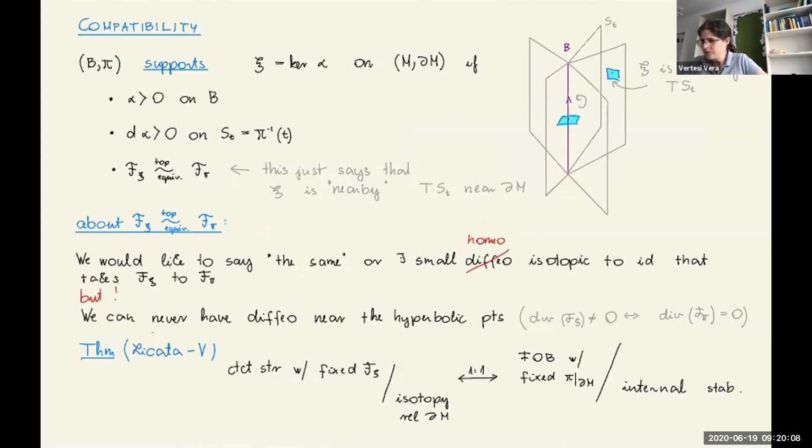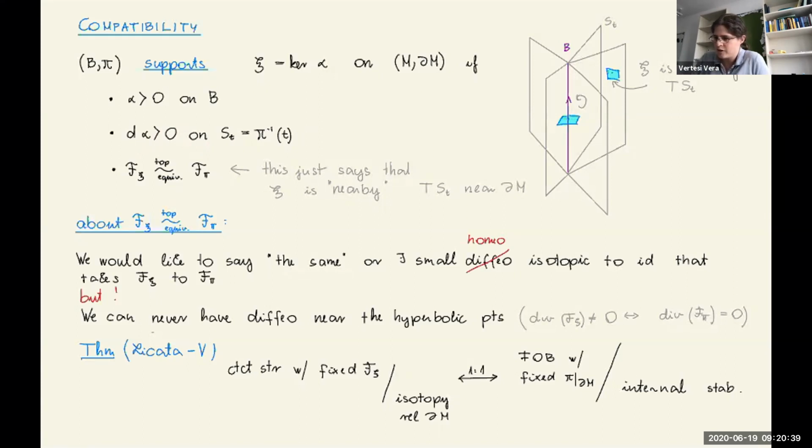And then here is the notion of what compatibility means. A foliated open book supports a contact structure if the binding is transverse. That's the same condition as we had before, and if the contact structure is nearby the pages of the open book. And this is the first condition here, that d alpha has to be an area form on the pages.